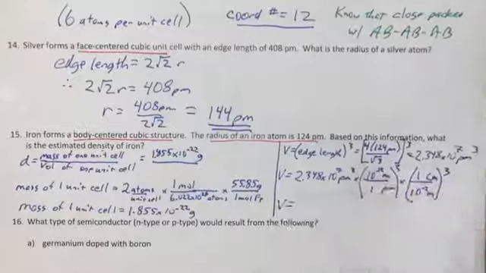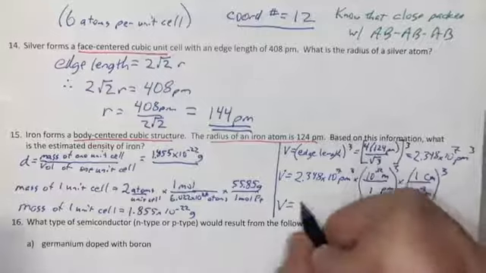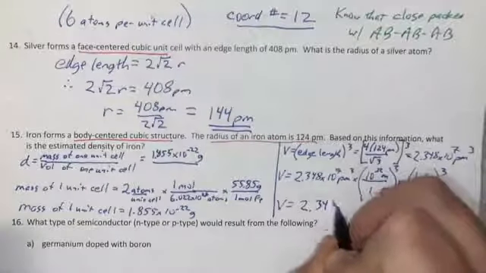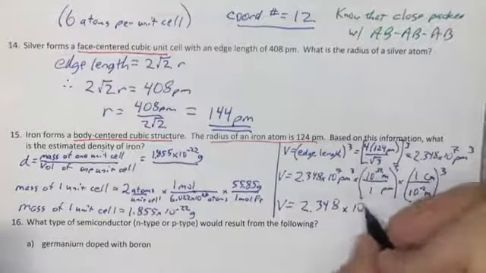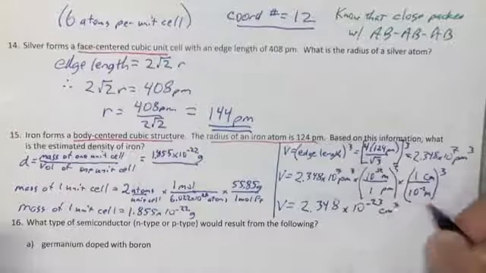So this will give me the answer in cubic centimeters. And I get 2.348 times 10 to the negative 23 cubic centimeters.